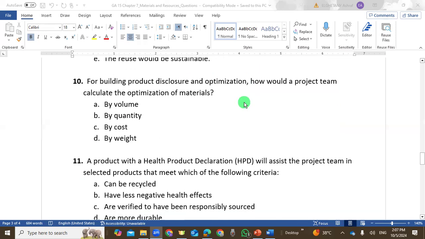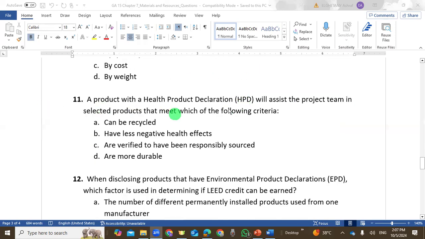Okay, B and D. Number 11. A product with a healthy product declaration will assist the project team to select a product that meets which of the following criteria? Can be recycled, less negative health effects, are verified to have responsibly sourced, are more durable.